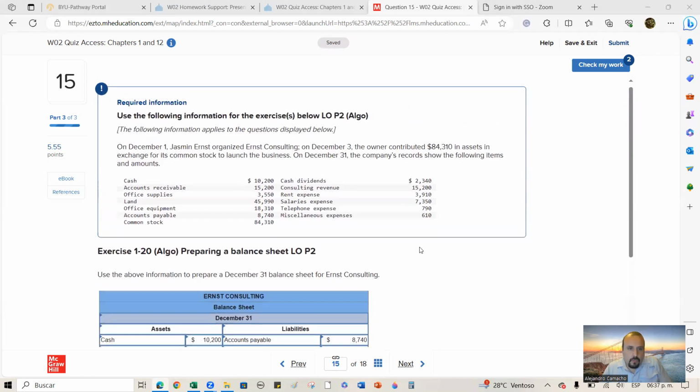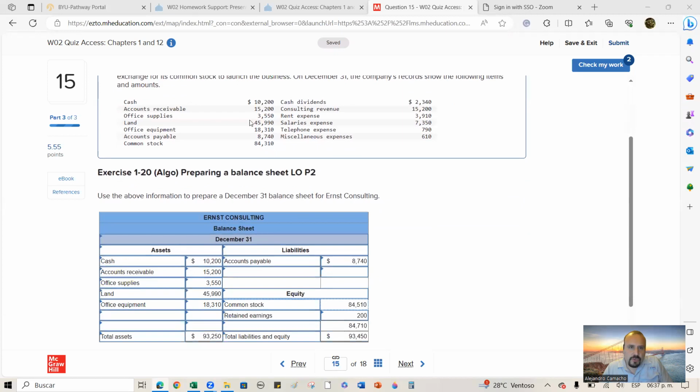Okay. So what I did was just to put the corresponding amount to each one of the different concepts, right? That was easy. The total assets was calculated automatically. The accounts payable too. The common stock here, right? And the retained earnings, as I said, from the previous problem.